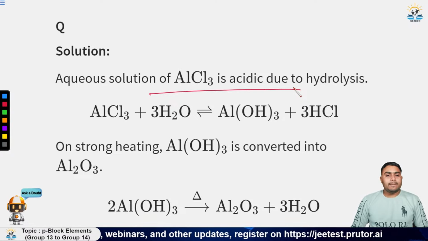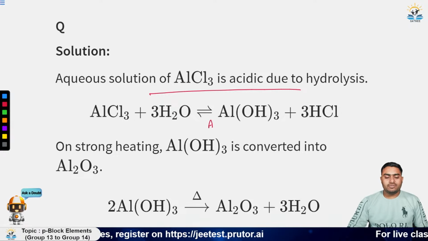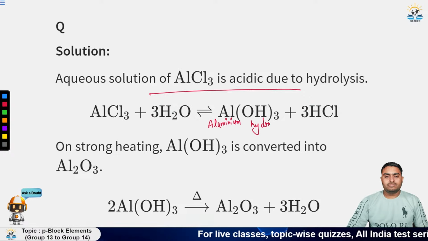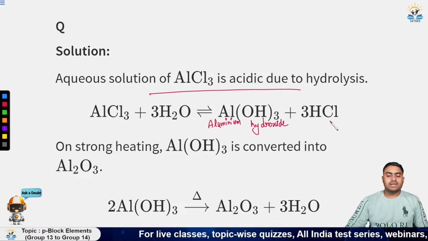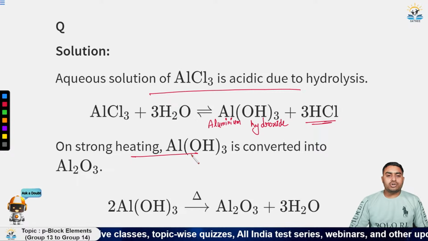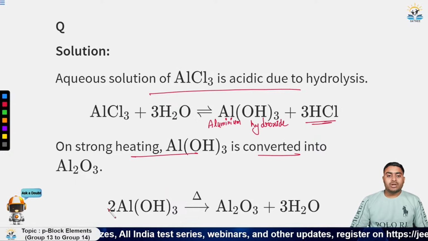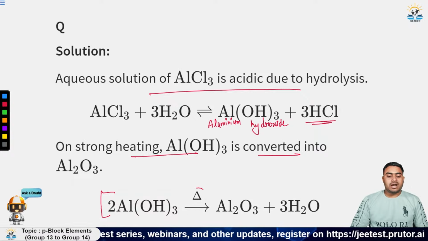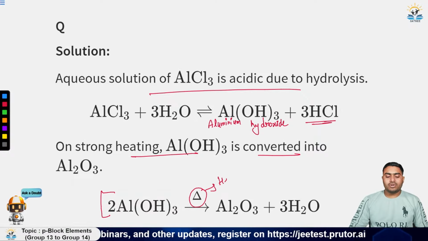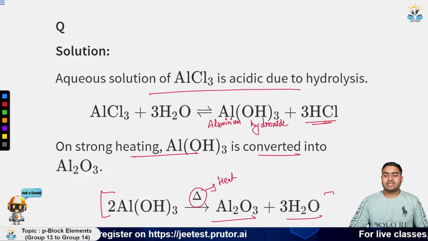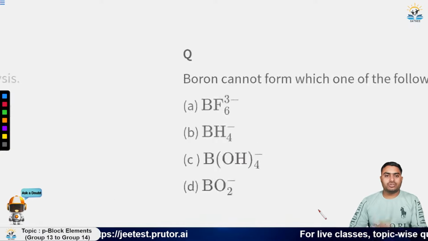So AlCl3 plus 3H2O will provide aluminum hydroxide plus hydrochloric acid. On strong heating, Al(OH)3 is converted into Al2O3. So 2Al(OH)3 upon heating, delta being the symbol for heat, gives Al2O3, which is aluminum oxide, plus 3H2O. So this is the equation for this question.